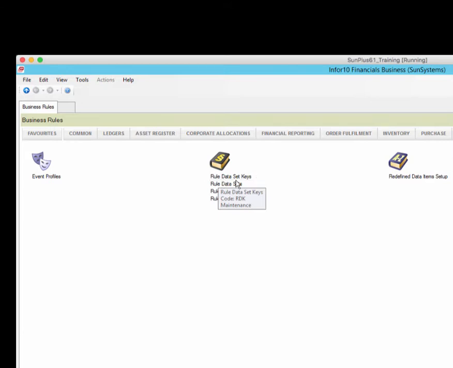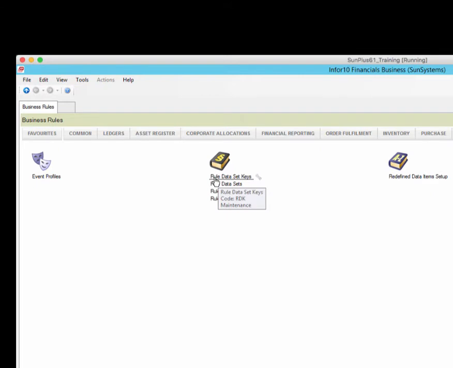So the rule data set key establishes the table, but the rule data set is the actual table which has the data in it. We will set up the key and then set up the table. Then we write a rule that uses the table, and that rule can evoke a message. And that's the interaction between the four.